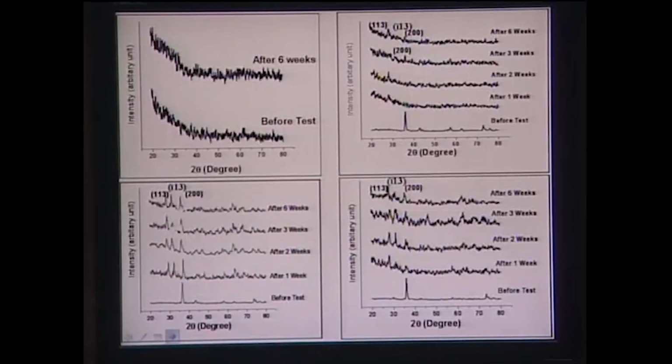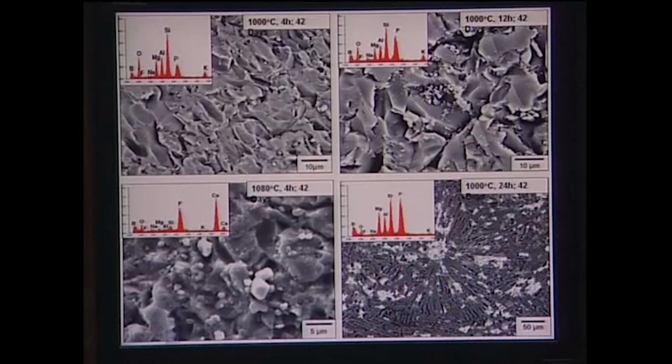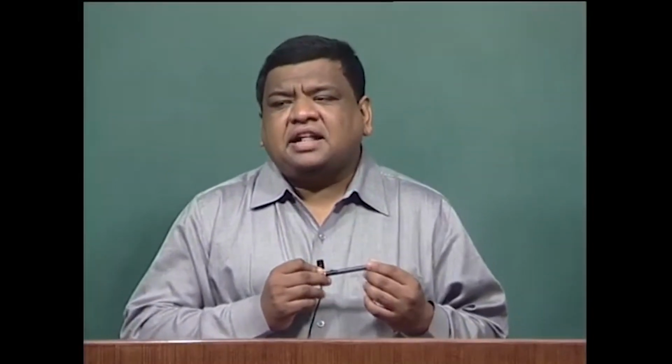Now, what you notice after this artificial saliva testing is that for the 1080 degrees Celsius 4 hours sample, you see crystals which are brighter in contrast, and when you take the EDAX spectra from this brighter crystal, you see a calcium peak as well as a phosphorus peak. The presence of strong calcium and phosphorus peaks essentially tells you they are a calcium phosphate rich phase.